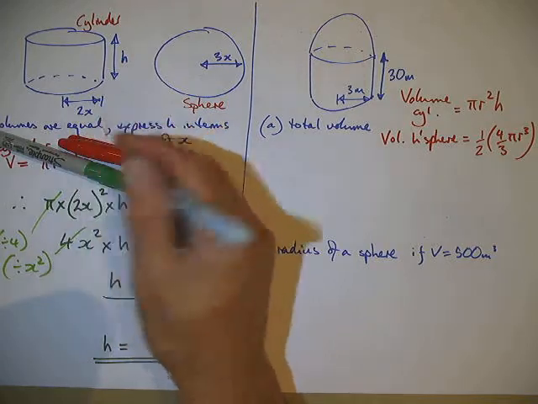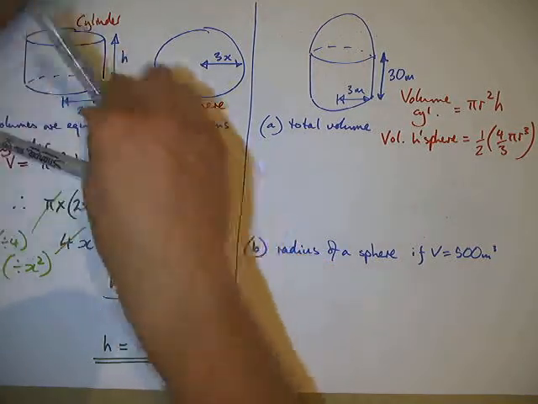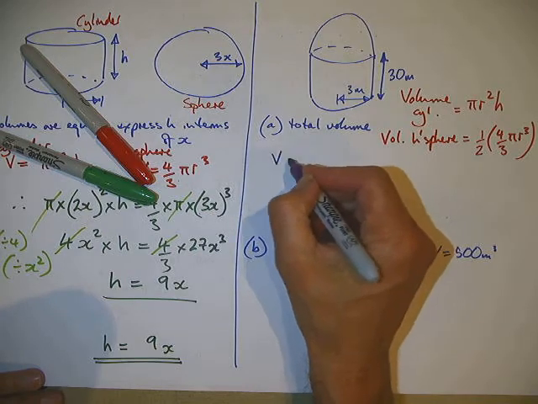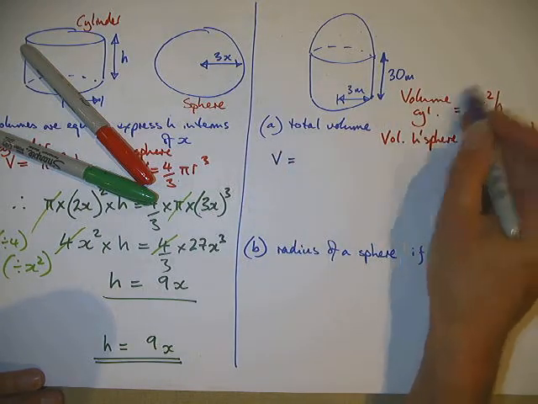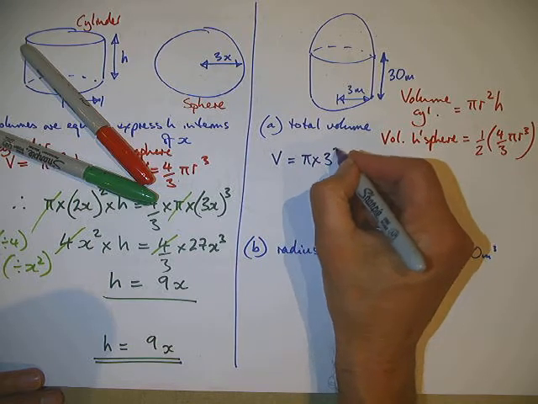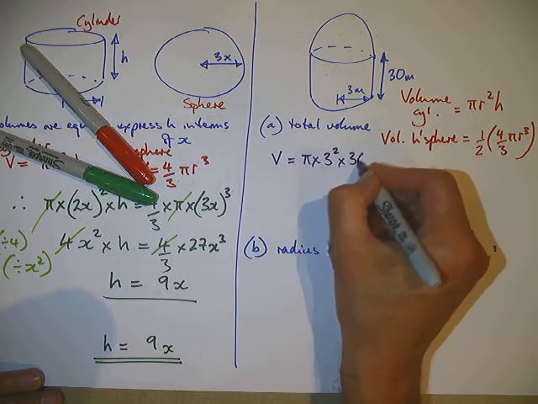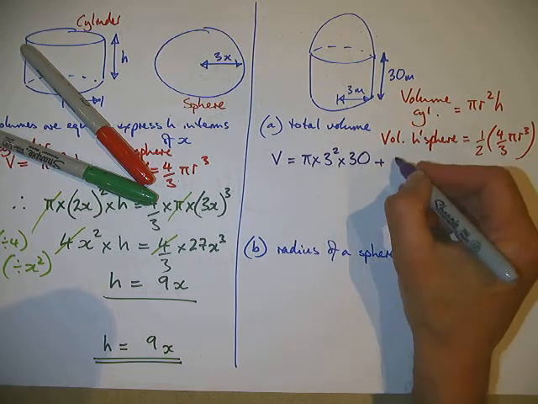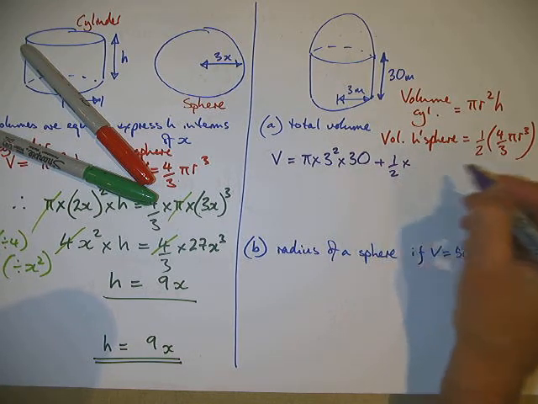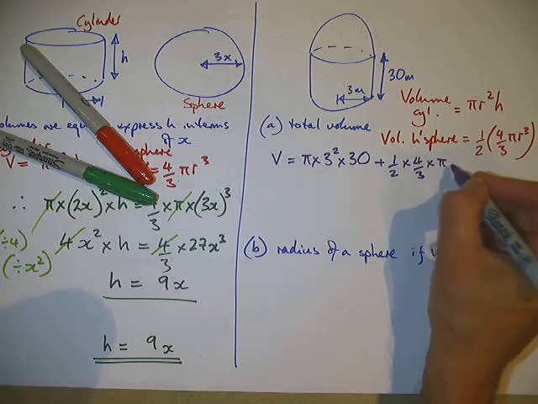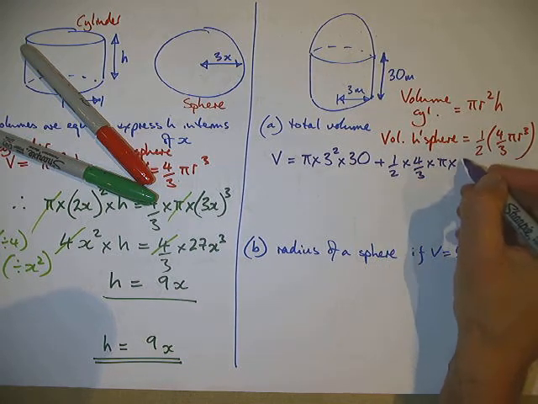So what do we know? The total volume is going to be pi r squared h, pi times 3 squared times 30 plus half times 4/3 times pi times 3 cubed.